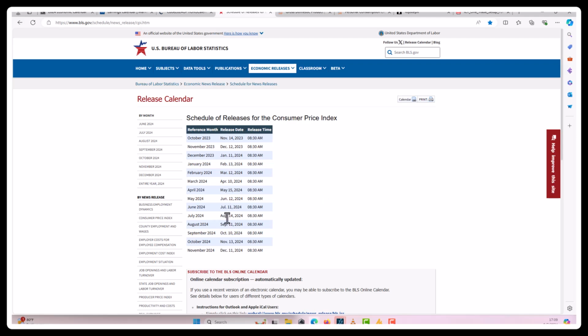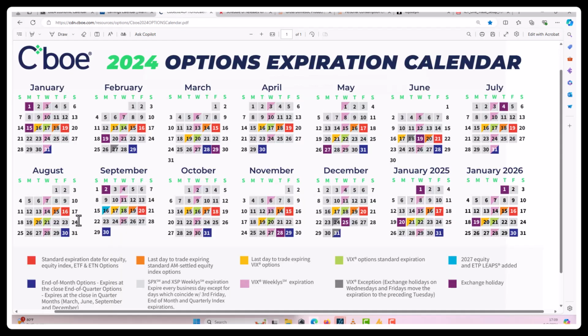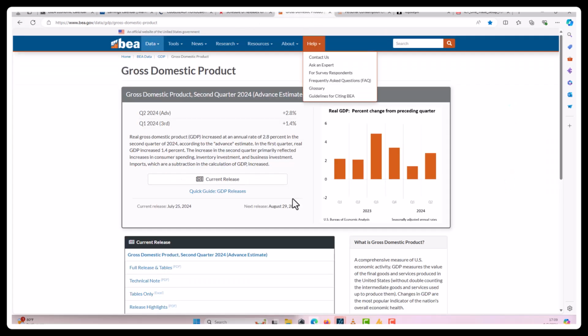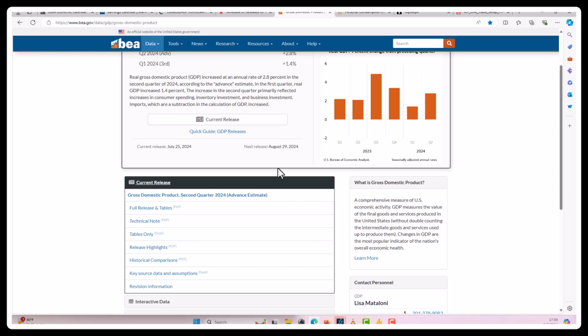The CPI data, here on the government side, is August 14, which is next Wednesday. Then we have the GDP data, which is August 29.